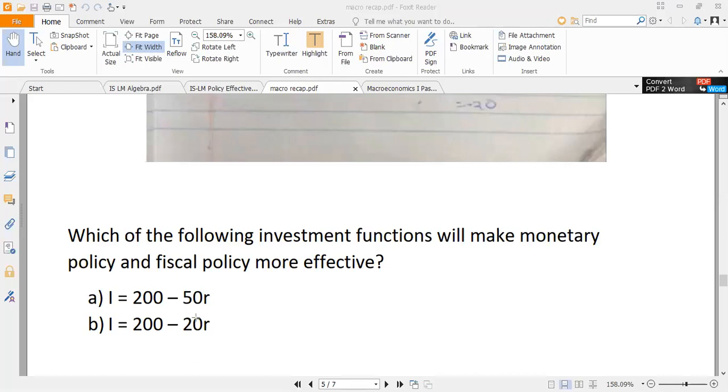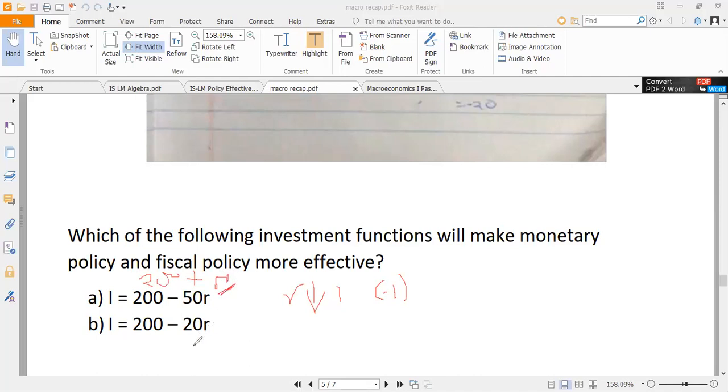So if you look at these two, this is minus 50, this is minus 20. If you increase your money supply, just assuming that interest rate falls by 1 unit, it means that the change is minus 1. So put your minus 1 here. The investment level now is going to be 200. Then we add what? Minus 50 times minus 1 will give us 50. It means the investment is increasing by 50 units.